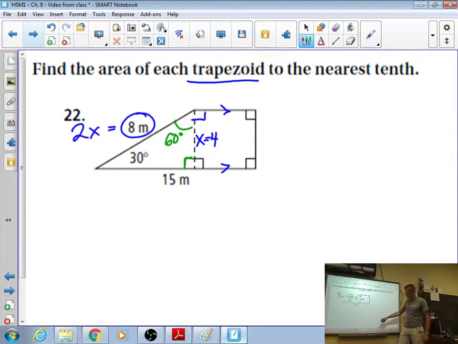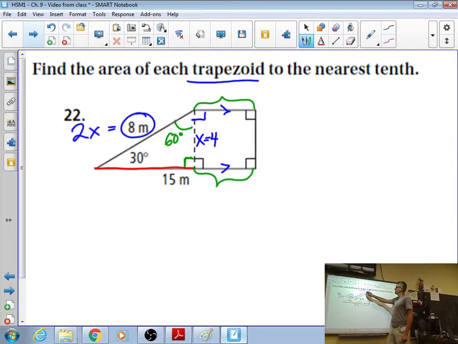So the next thing I need to figure out is what is this length right here, so that I can determine what this length right here is and know what my top base. Because in order to use my trapezoid formula, I need to use the top base. You may have noticed Jeff Webb commented on one of my videos on YouTube and said the other route is you can just break this up into a triangle and a square.